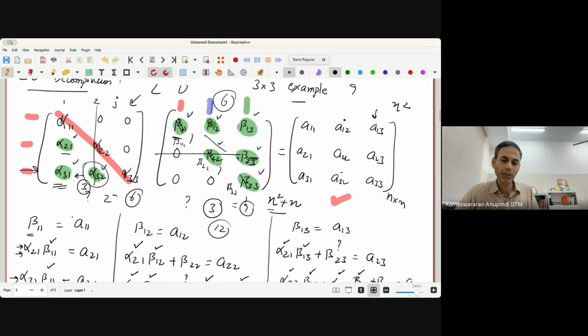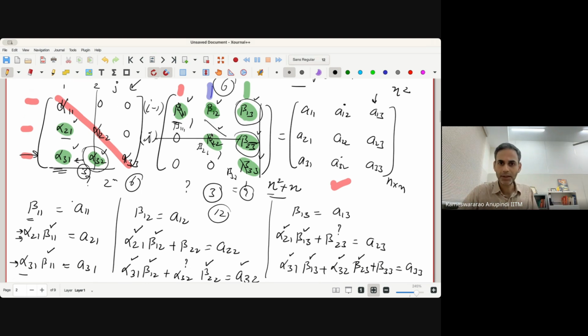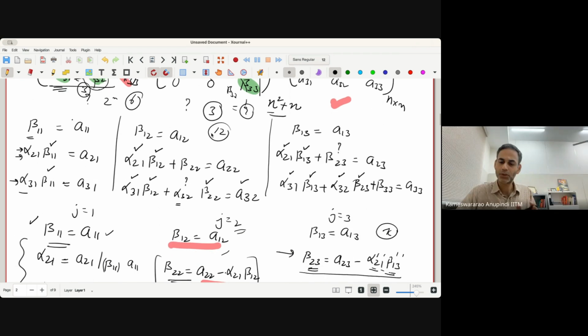When you multiply some row with this column, beta 2 3 is going to have beta 1 3. That means if this is the ith row, then it's going to have all the elements up to I minus 1, which are multiplied with the alpha values, and then it will go to the right hand side to be subtracted. Right? Is it clear, that part? Yeah. So that's what we are determining.